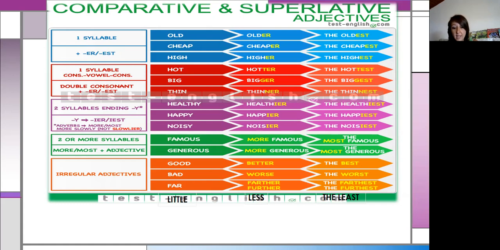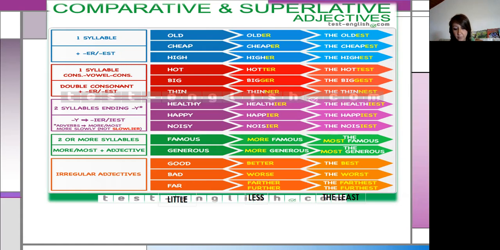Okay, and rule 4: other adjectives which have two syllables or more have a different pattern. For adjectives with two syllables and higher, we use more for comparatives and the most for superlatives.